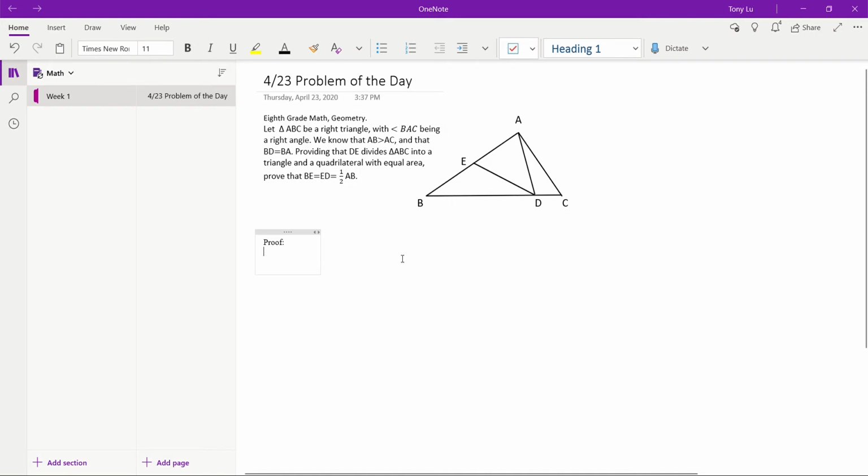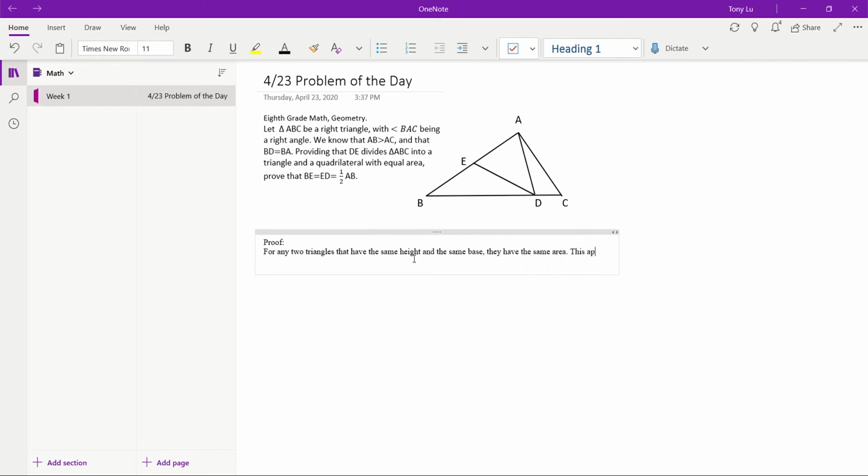However, we must remember that for any two triangles that have the same height and the same base, they have the same area.